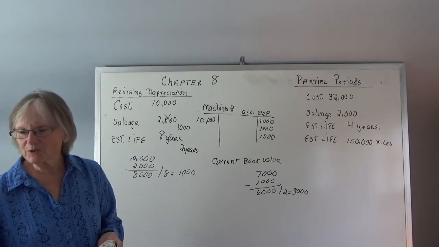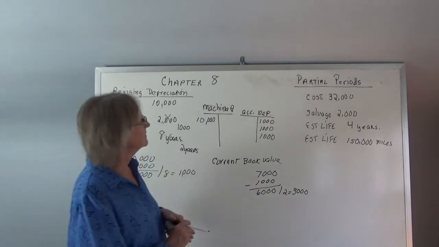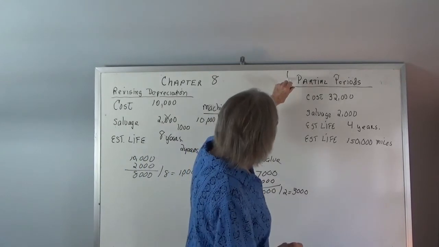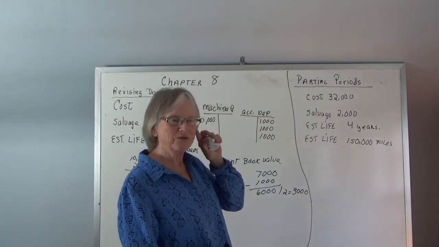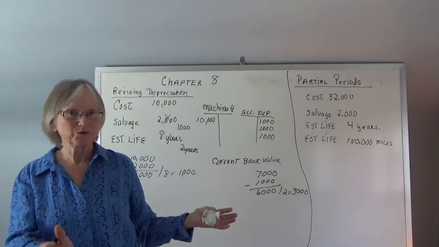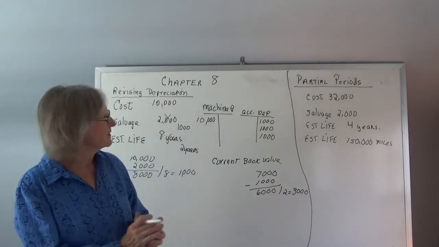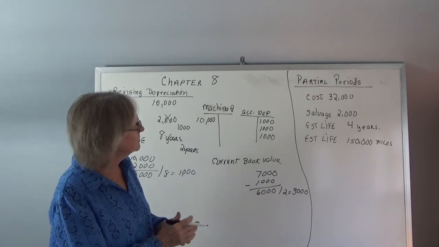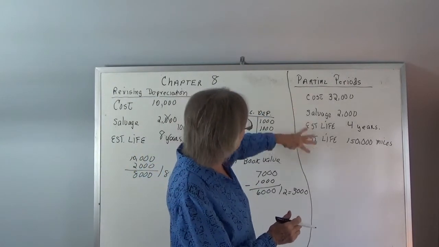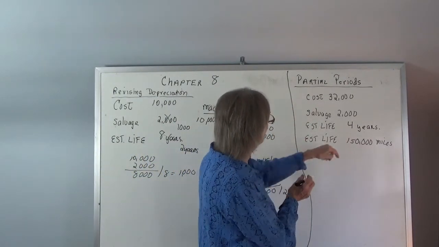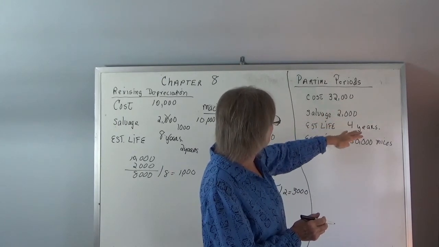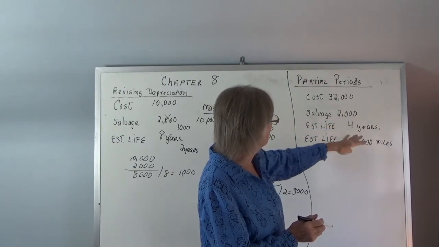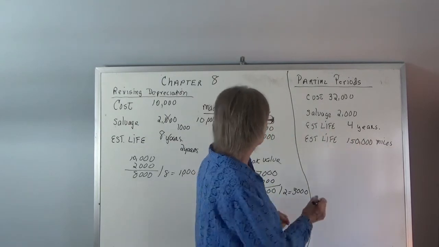Okay, so the next thing I want to talk about is what if we didn't buy the truck or the piece of equipment on January 1st? Everything we've done so far assumes that we took a full year's depreciation the first year. So we'll go back to the example we used before, where we had the $32,000 piece of equipment, 2,000 estimated salvage, estimated life of 4 years, or 150,000 miles.